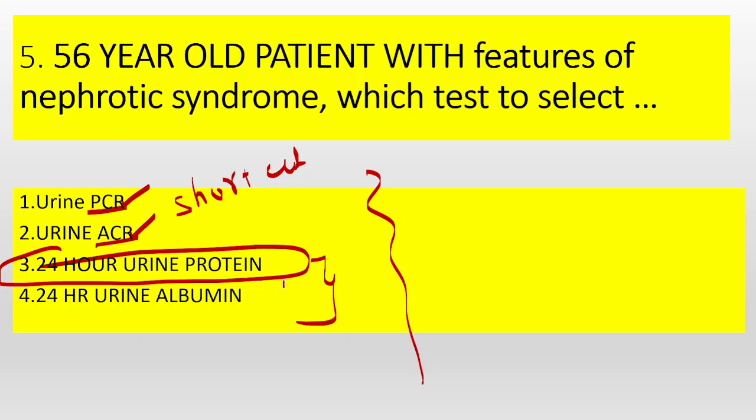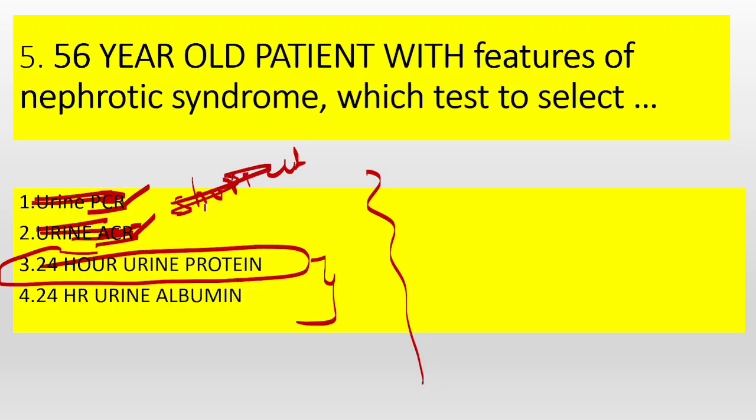Who will be comfortable collecting their own urine in a container? And you have to bring it to the hospital and submit it. It is a cumbersome process. That is why, instead of the 24-hour collection, we use these shortcuts, ACR and PCR: albumin and protein in a spot sample.